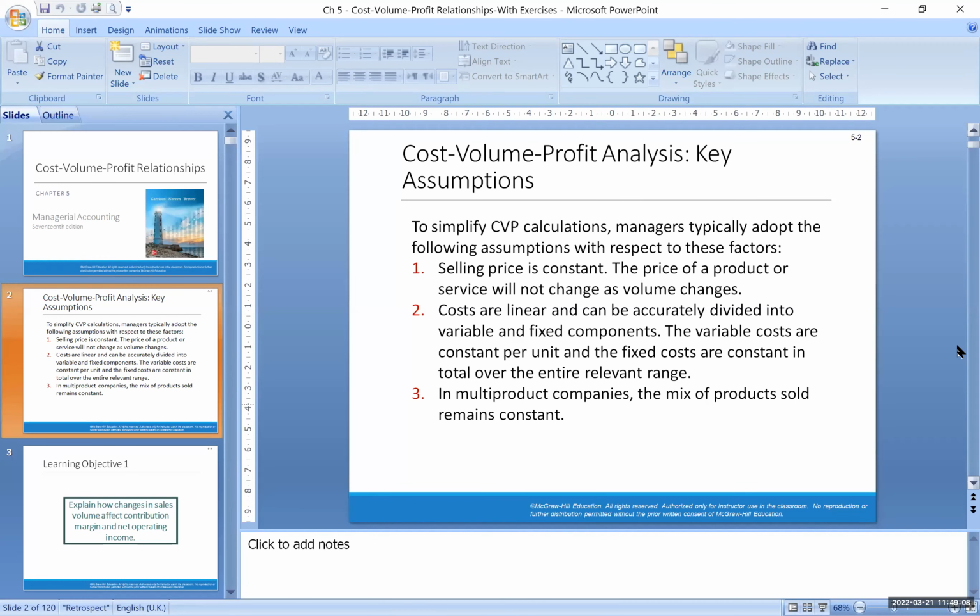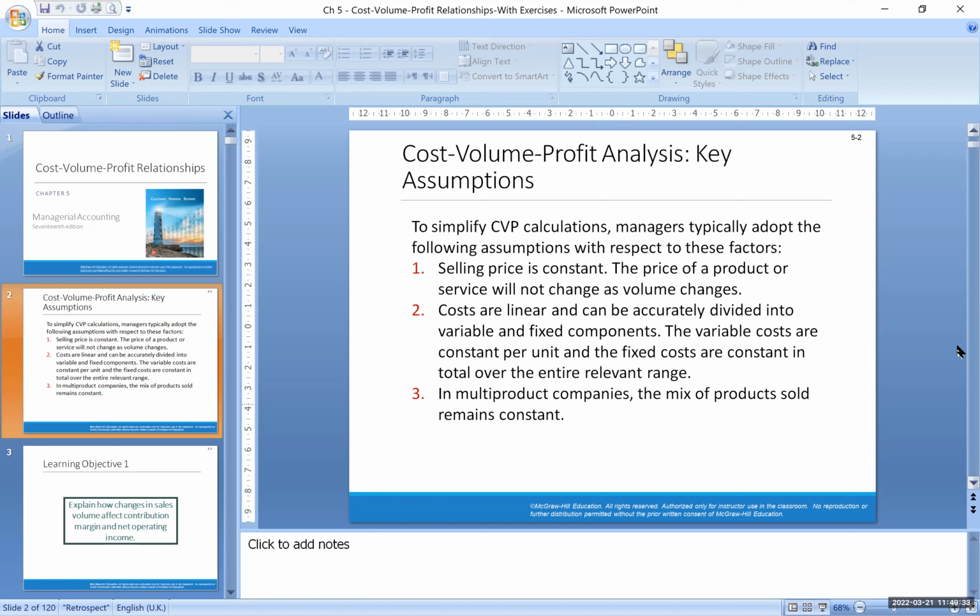And the total fixed cost is constant in total over the entire relevant range. Again, just to remind you, total fixed cost, like an example of rent, I will pay that much for the rent regardless of how many products I produce or units of activity happen in the company.